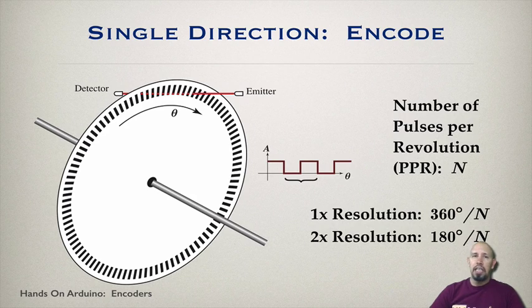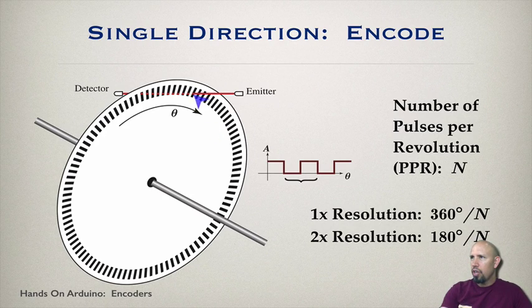Now for the incremental encoder, we can have single direction or unidirectional encoding and decoding. So what does the unidirectional encoding look like? Well, we will often have something like this. We'll have a disk with a light emitter and a detector. In this case, this shows a transmissive optical encoder.